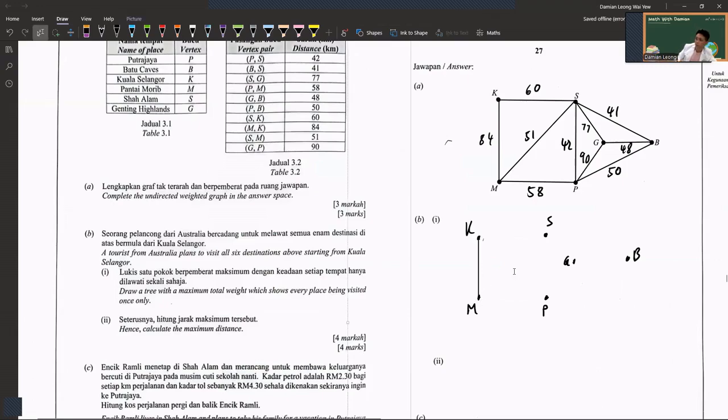So this one, K to M first. And from here would be 58. Highest I can use is 90.